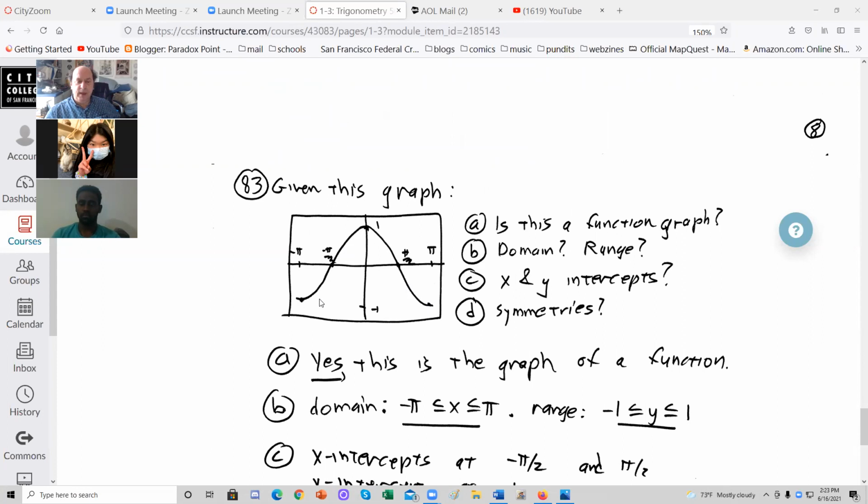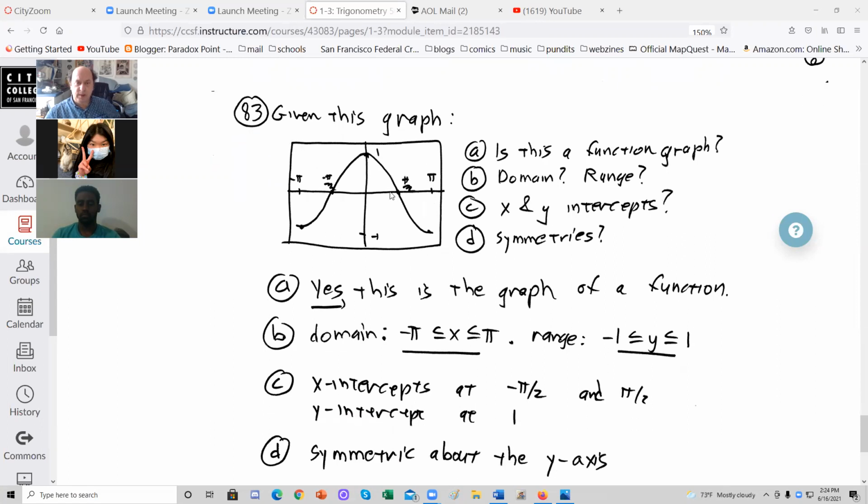Well, you can find the domain of a graph of a function by projecting that whole graph onto the x-axis. So it's everywhere between minus pi and pi. That's the domain. The range we find by projecting the whole graph onto the y-axis, and you get this range from -1 to 1.